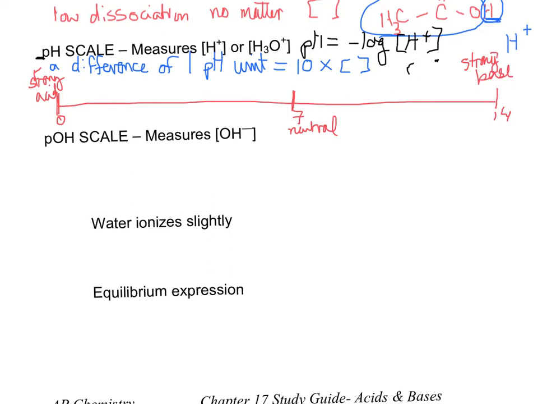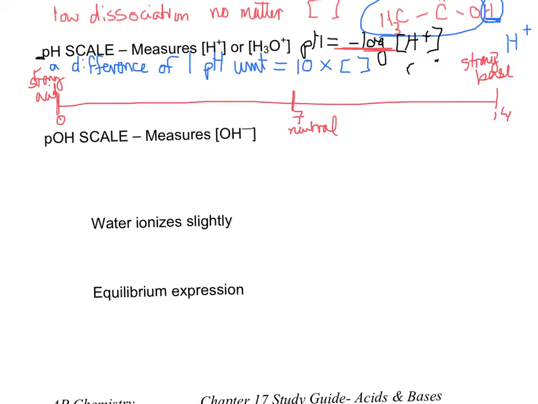Now remember that it's negative log, and because of that, the lower the number is, the higher the H plus concentration. So acids have a very high H plus concentration, so they would have a very low pH. Bases have a low H plus concentration, so they have a very high pH.